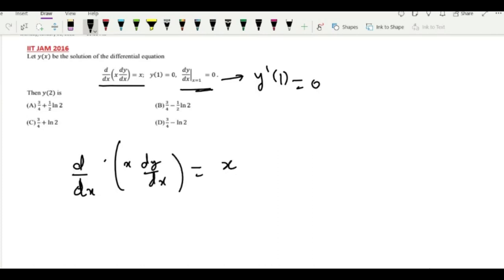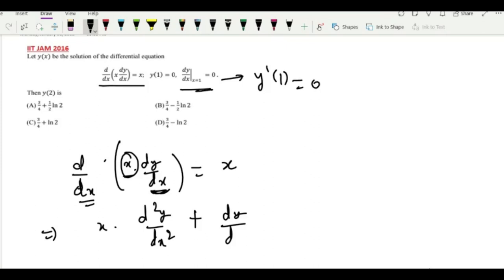Here we have two functions of x, which are x and dy by dx, and we are to apply the derivative here. So derivative of u into v: u as it is, and derivative of v, that is d2y upon dx square, plus the derivative of the first function, which is 1, and the second function as it is, dy upon dx, is equal to x.